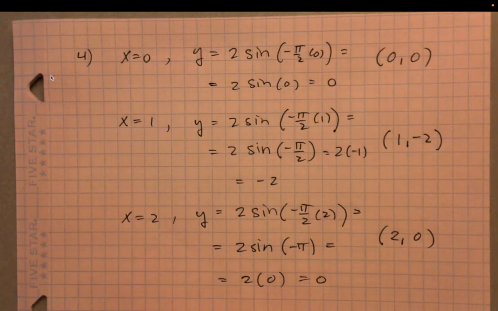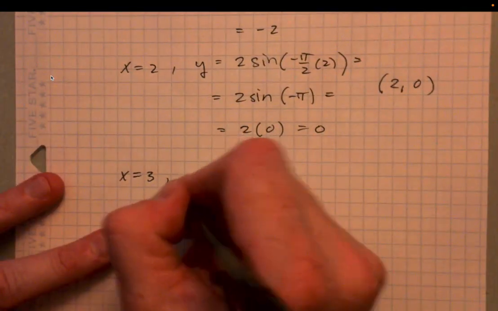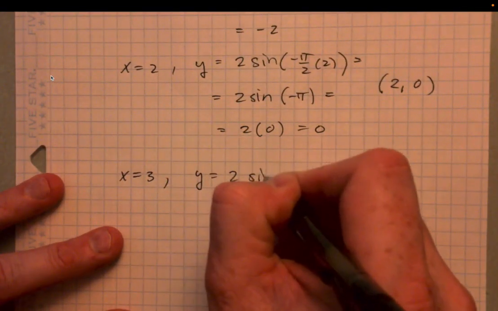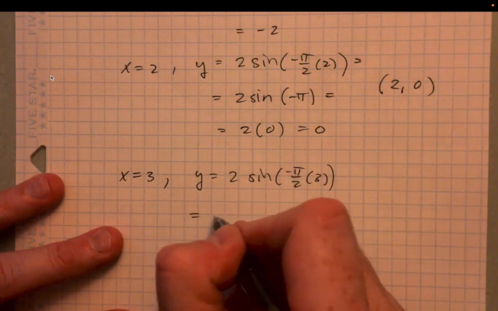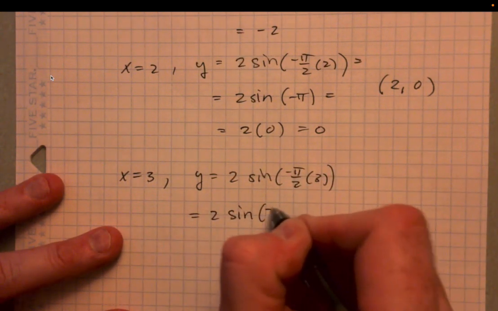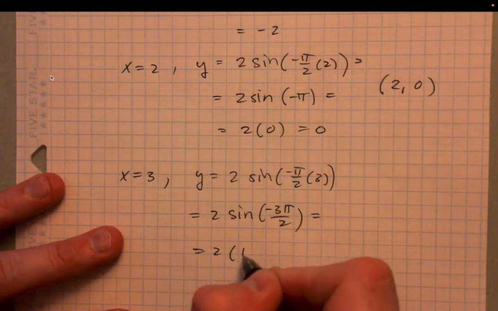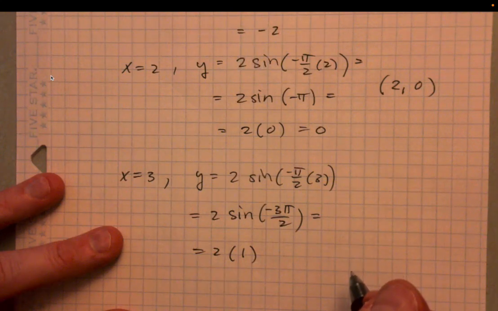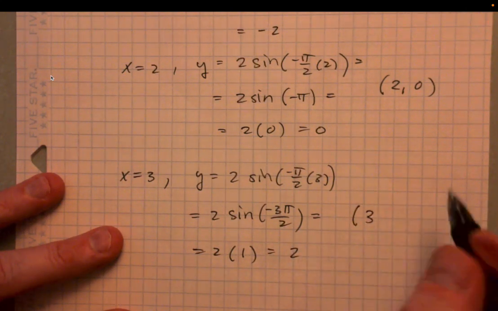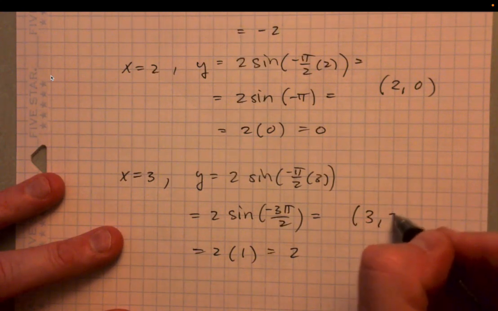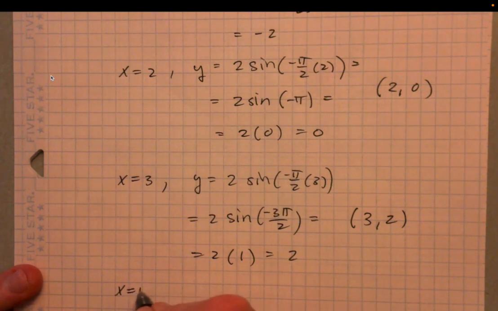I bet you can guess what our fourth point will be. Okay, so that's y equals 2 times the sine of negative pi over 2 times 3. So that's 2 times the sine of negative 3 pi over 2. So that's 2 times 1. Okay, which is equal to 2, right? And so here I've got the fourth point is 3 comma 2. And we'll just do the last one.